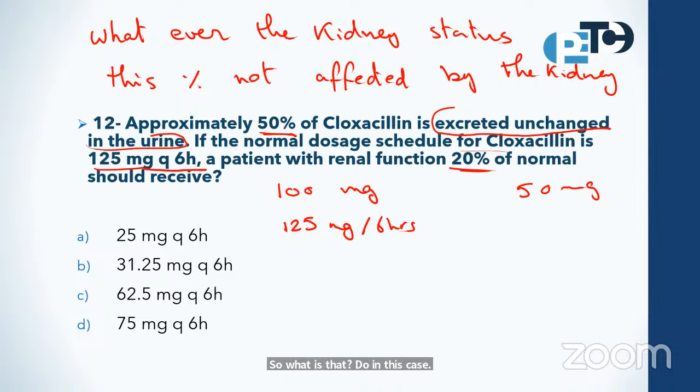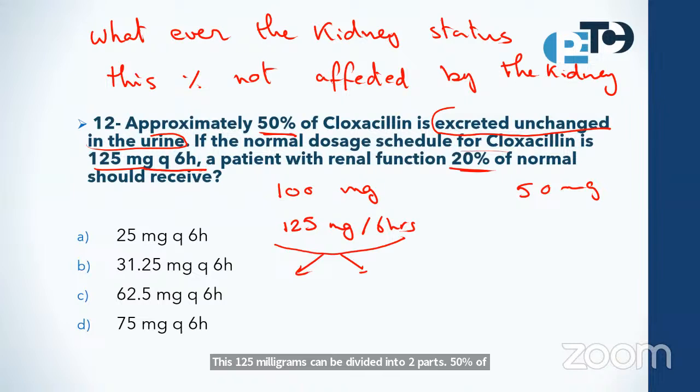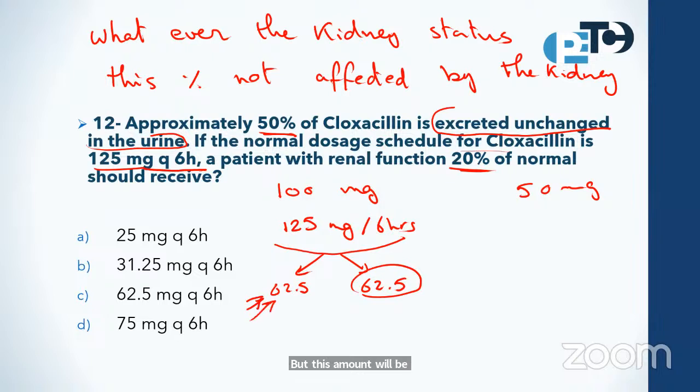This 125 milligrams can be divided into 2 parts. 50% of it is affected by the kidney, which is how many? 62.5. And another 62.5 is not affected by the kidney. This one is excreted whether the kidney is 100% or 0%. But this amount will be affected by the status of the kidney, which here becomes 20%.